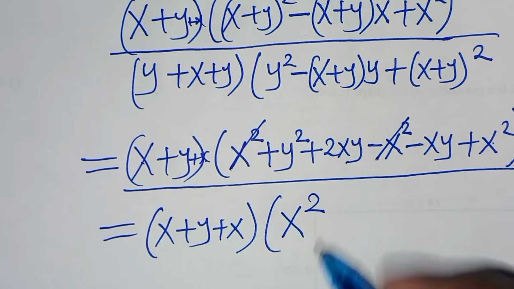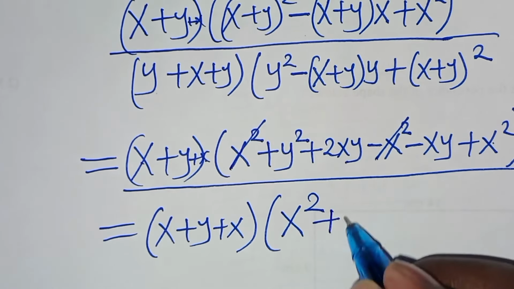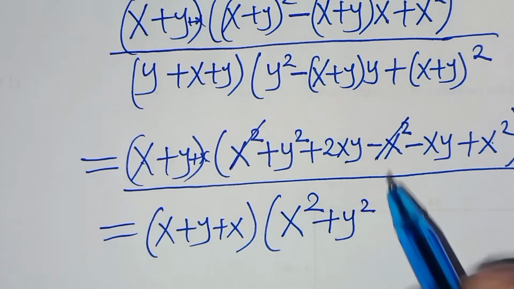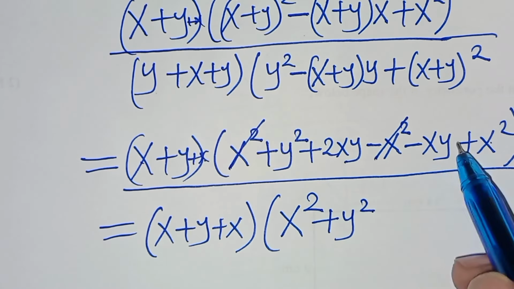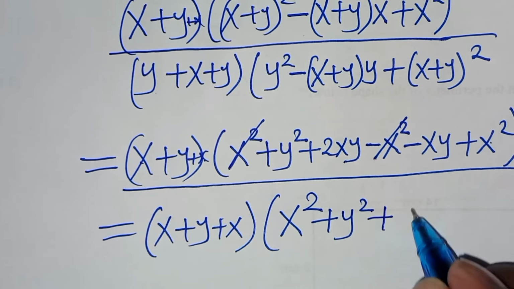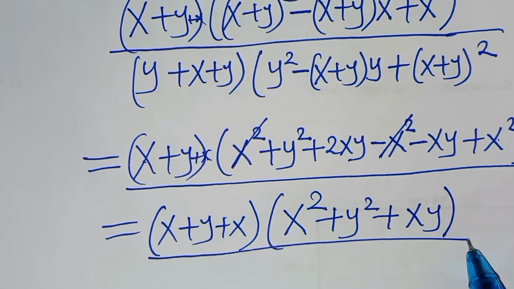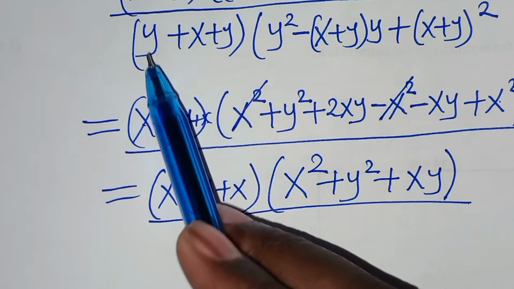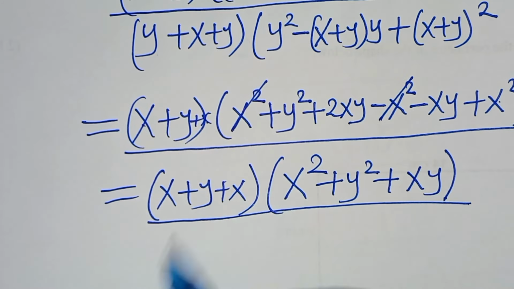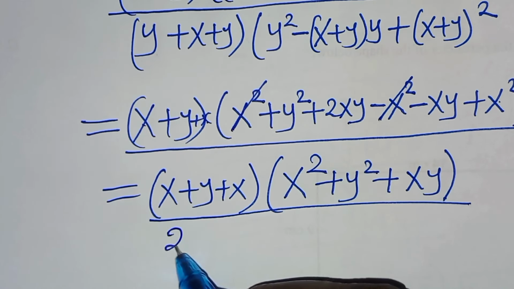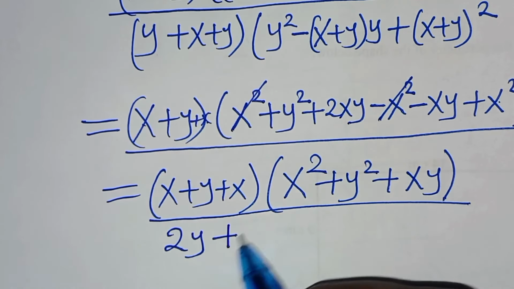Then plus we have y squared. 2xy minus xy. So this becomes plus xy. So this is in the numerator part. In the denominator, we have y plus x plus y. So we have here 2y plus x.